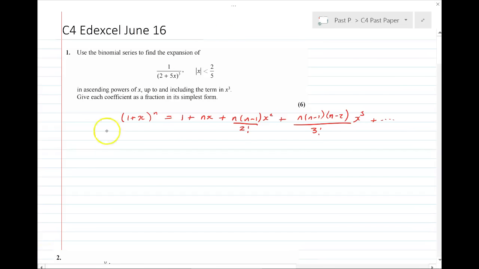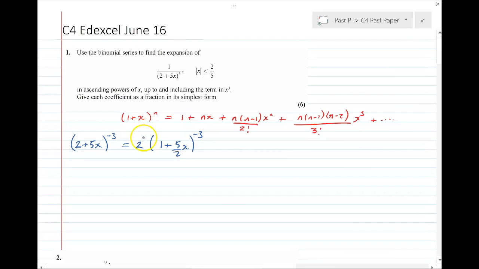We have (2 plus 5x) to the power of -3 is equal to 2 times (1 plus 5x over 2) to the -3, except it isn't, of course, and this was a common mistake that many of my students made today.